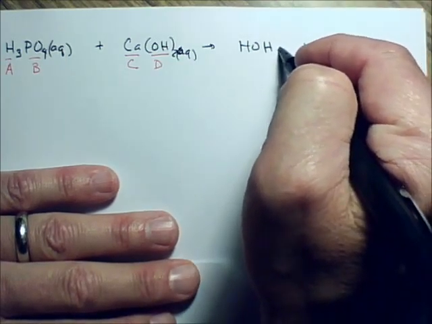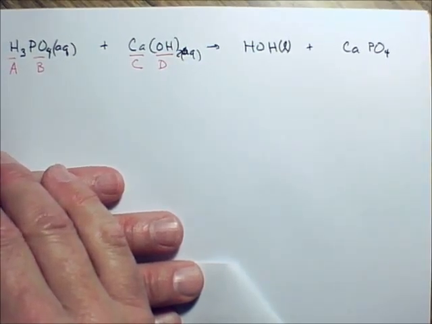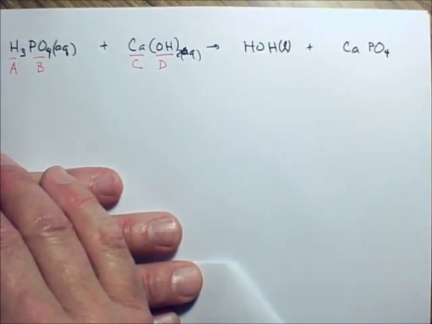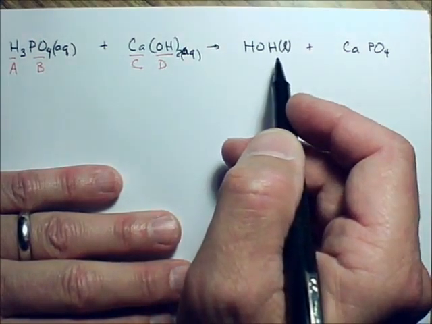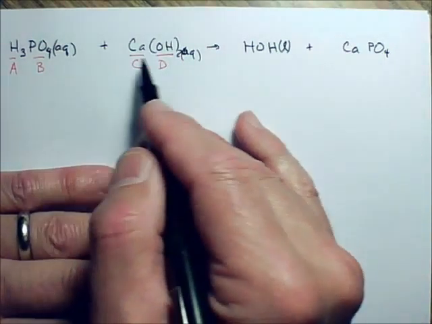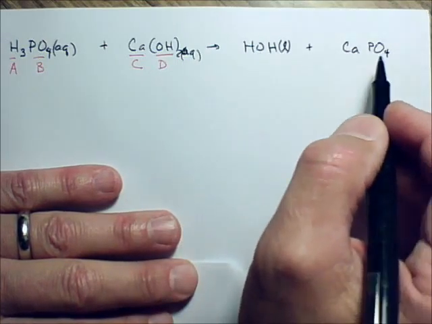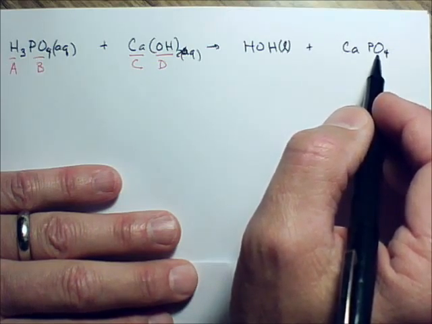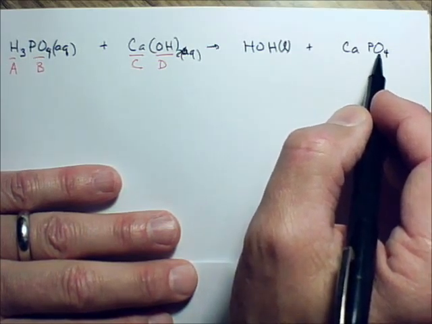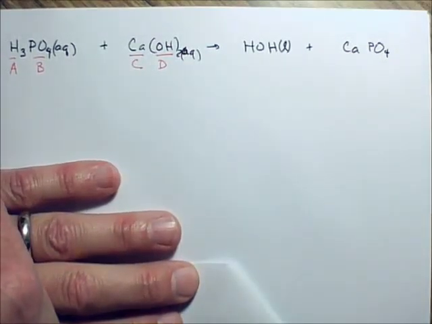So this is already water, and in an acid-base reaction, that's going to be a liquid. We don't have a lot of heat, as in a combustion reaction. In a combustion reaction, you generate a lot of heat, and water becomes a gas. But in a double replacement reaction, most of the time, we just have liquid water. We still need to know the physical state of this, and then we still have to balance this. So I need to know the charge on the phosphate and the charge on the calcium. Where do we find those things?